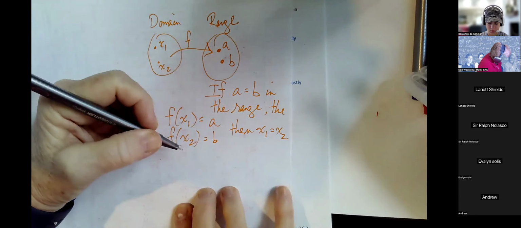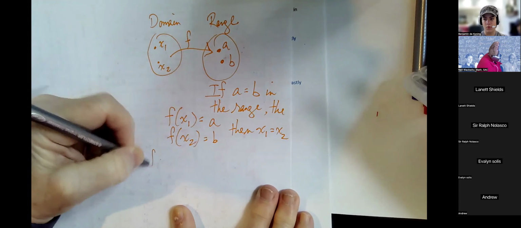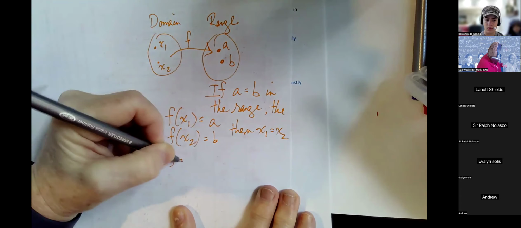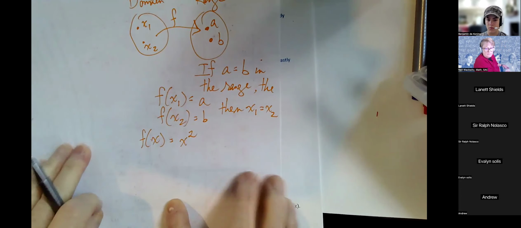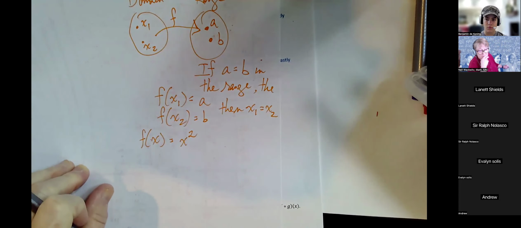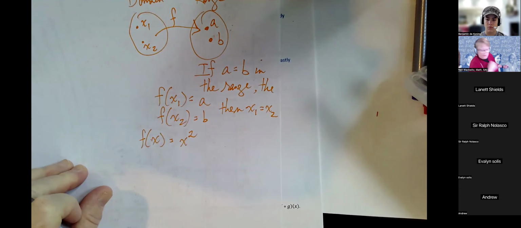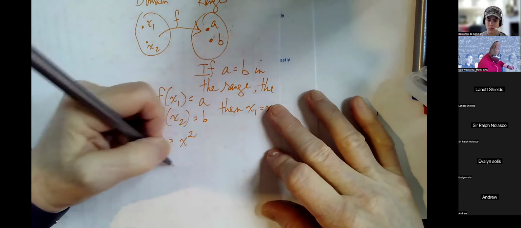So if we had this function, f of x is equal to x squared. And pick a perfect square, any perfect square, not counting 0. Let's go with 9, because that was first. So 9 definitely lives in the range.